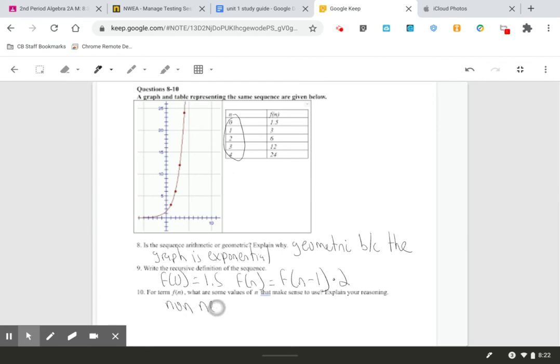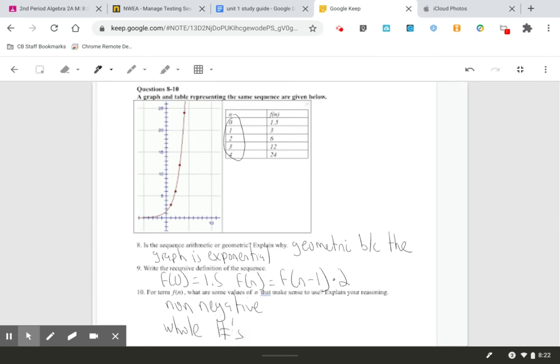non-negative and non-decimals. Another way we could think of that is non-negative whole numbers.